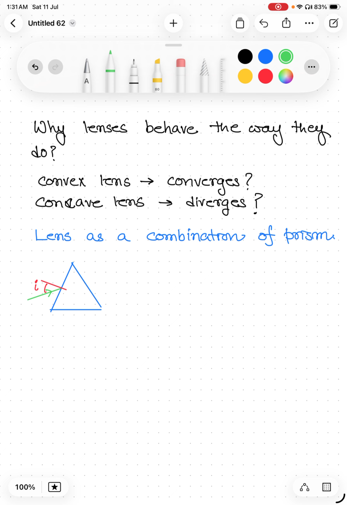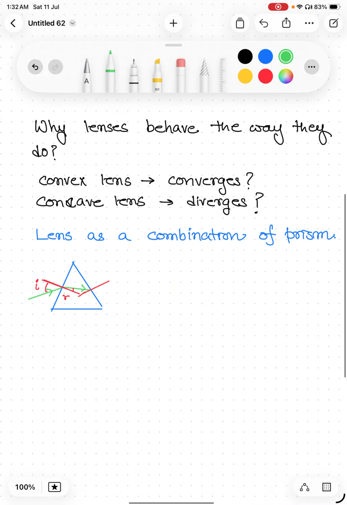Now because it's a refraction from rarer to denser medium, the light ray is going to bend towards the normal. So this angle is my R. Now it is incident at this point, so the light ray is going to go away from the normal and it will move like this. We call this R dash. We call this E. And this is the angle of prism.